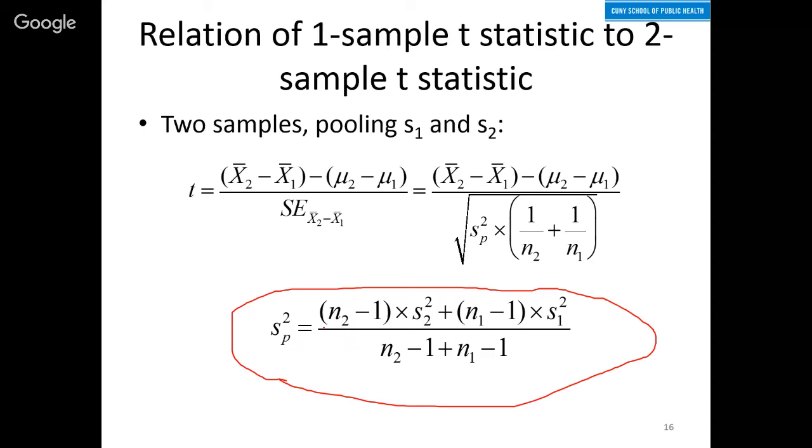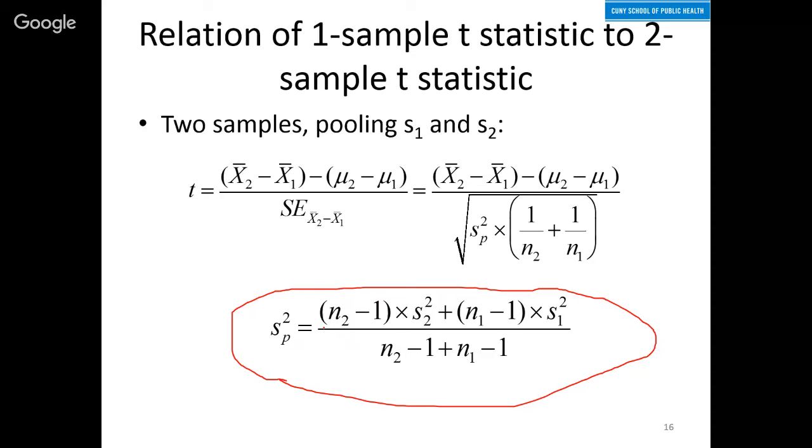And if your sample size is very small, then you have very little evidence from your data to tell you whether the standard deviations look the same for the two or not. With n equals 32 in each group, that's a pretty big sample, and you can estimate the standard deviation pretty well in each of those groups.